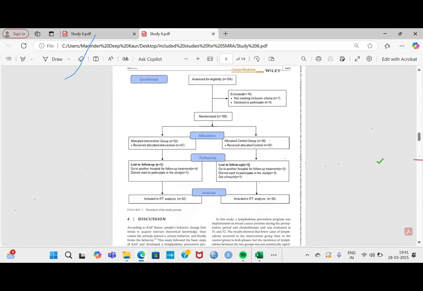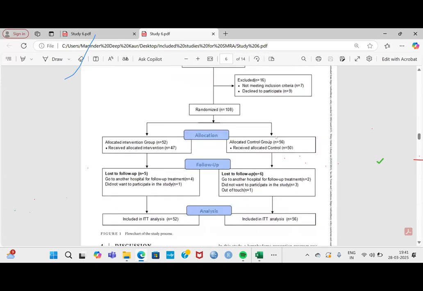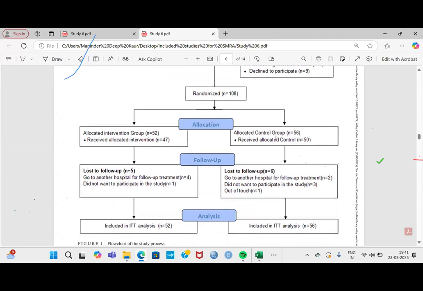So see, after assessing for eligibility, only 108 participants were randomized: 52 in the experimental group and 56 in the control group. After follow-up, 5 participants were lost in the intervention group and 6 in the control group.